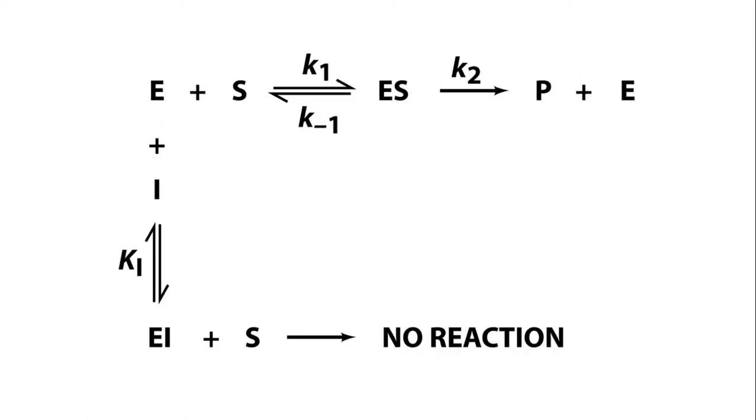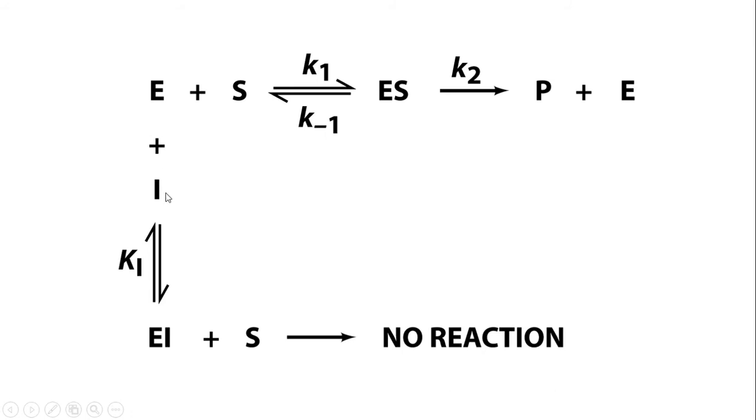Okay, so now we're going to take a look at inhibition. So we're going to have an inhibitor that's going to affect our reaction. So here's our Michaelis-Menten equation, enzyme plus substrate in equilibrium with our transition state, and our k2 going to product plus the enzyme.